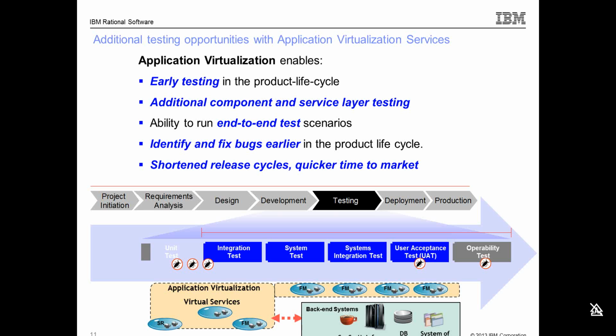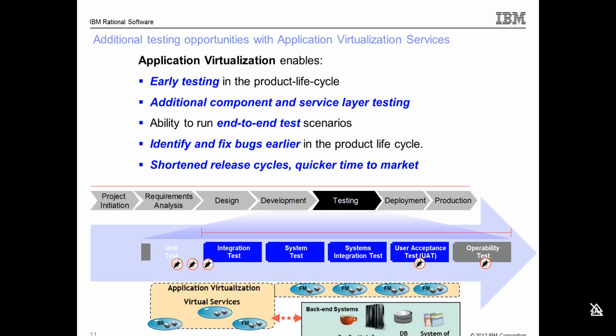Which then means obviously that we have shortened release cycles and we can go to market much quicker than we were earlier. So a majority of the bugs are found early in the cycle, which means that we do not leave the major bugs or the most critical design related, performance related bugs to production level code.